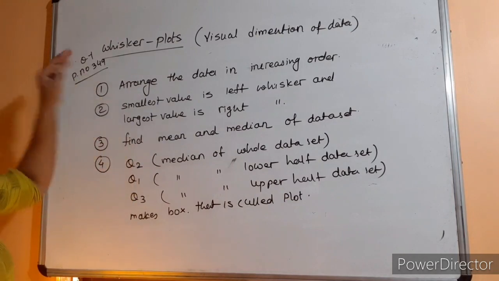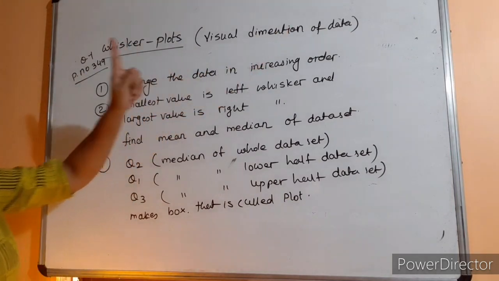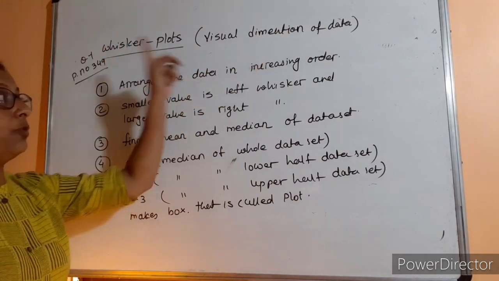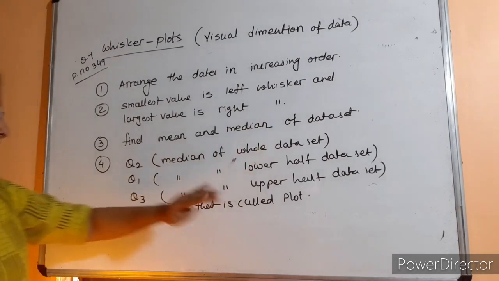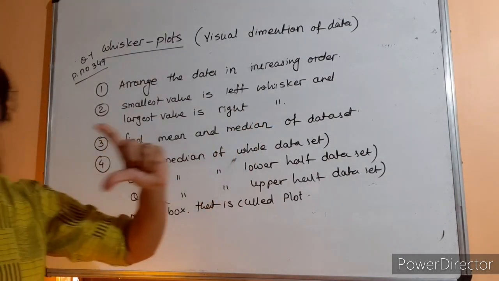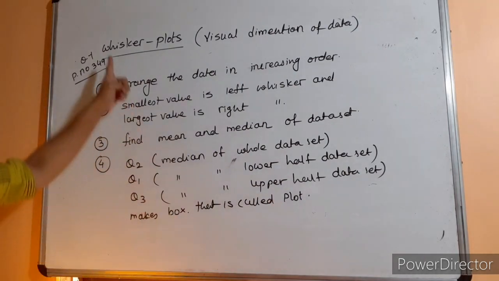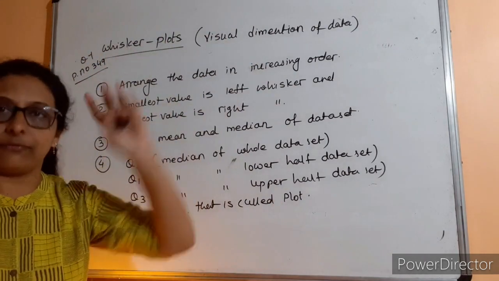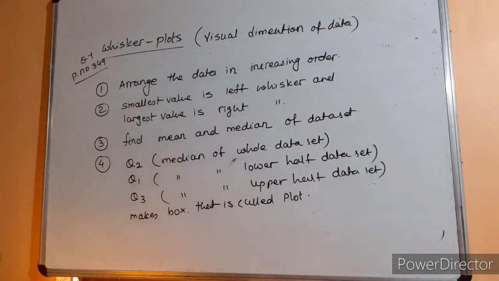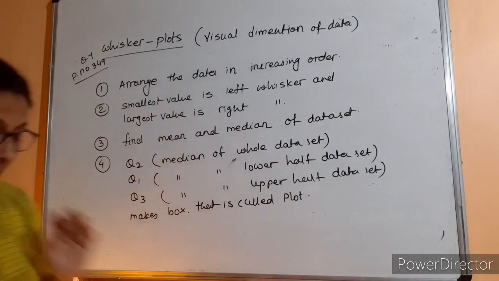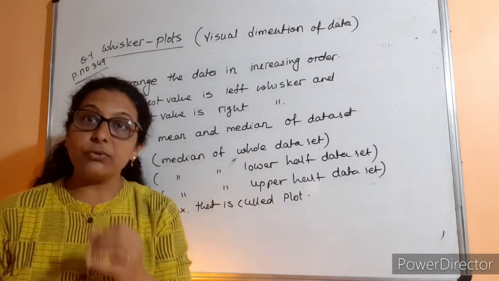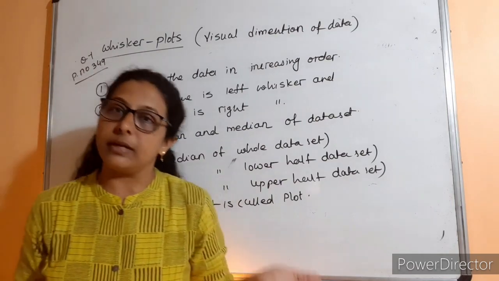So here first you arrange the data, then the lowest and highest values will give you the whiskers. Q1, Q2, Q3, if you join them in a box, it is called the plot. Ultimately it is called the whisker plot graph. Understand? Yes. It is very easy, and mainly the whisker plot graph is used to compare the median of the data.